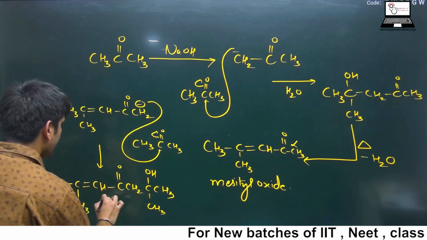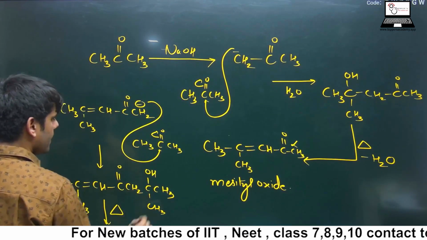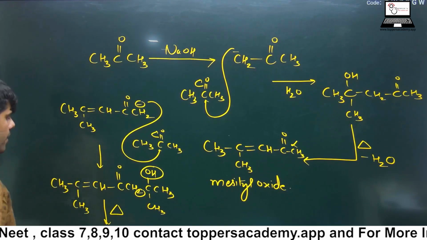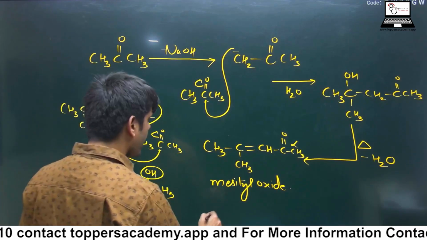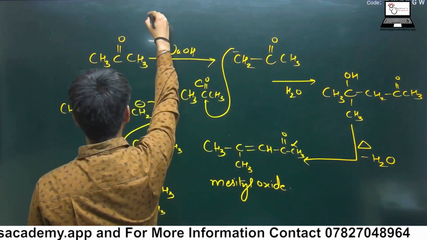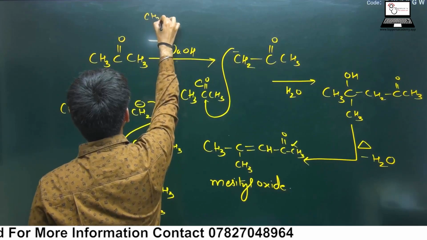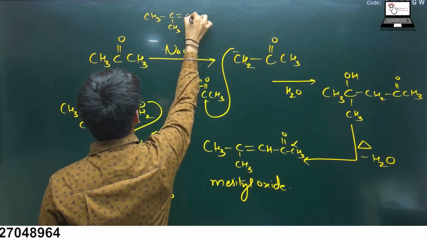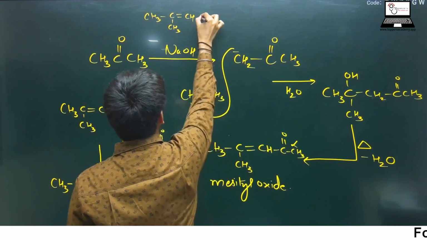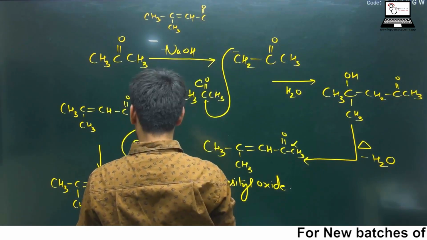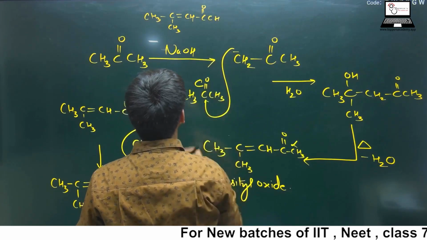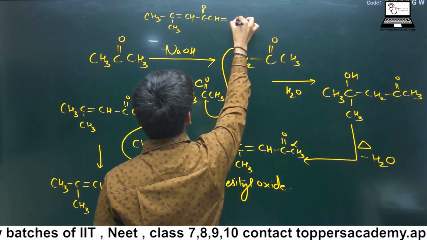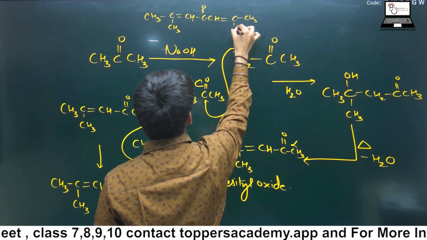Now again, if I heat it, there will be the elimination of a water molecule. So what I get as the final product is CH3, CH3 double bond CH, and this is the single bond C double bond O, CH, CH double bond C, CH3, CH3.